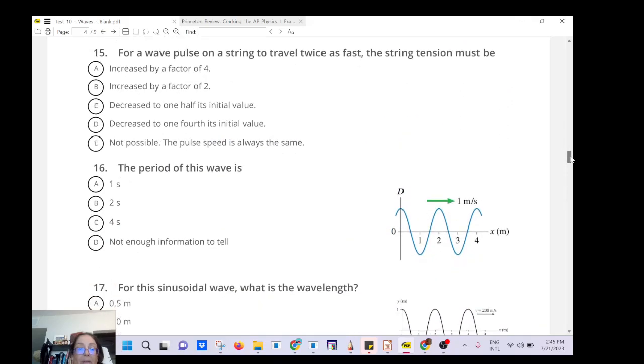Okay, so this one, what do they want? They want the period, so that looks easy enough. You might think, okay, I'm going to look at the size between here and there, so maybe the period is 2 seconds. But here we have the wavelength, because here is the x-axis, right? So it's a space dependence. So here the wavelength is 2.